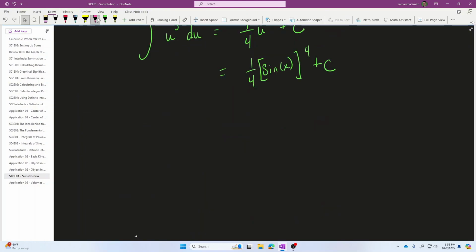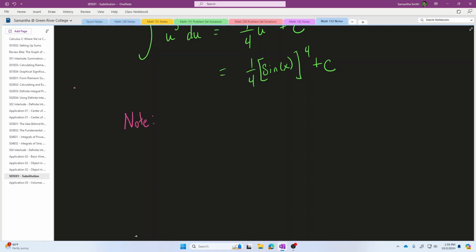Note, it was possible to eliminate every copy of x and write the integral with only u.